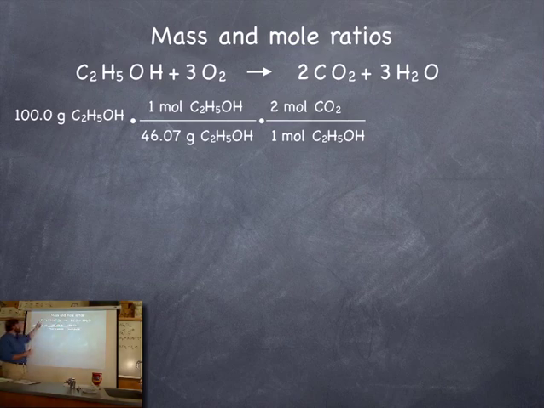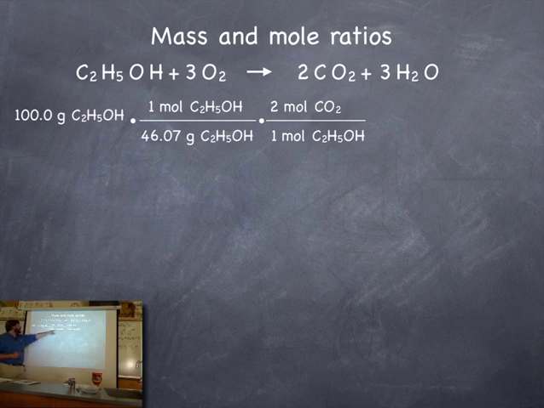This ratio in the chemical equation, a 1 to 2, tells me that if I go in the lab and measure out a certain amount of ethanol, I can calculate how much carbon dioxide will be produced. I can also calculate how much oxygen would be needed to react. The last step is to reverse this process.